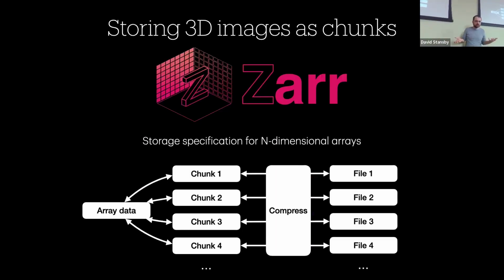So Zarr is a storage specification for n-dimensional arrays. The idea is you take your array data, you split it up into these chunks, you can control the shape of those chunks, you compress each of those chunks individually, and then you save them individually. So you kind of get the best of both worlds.